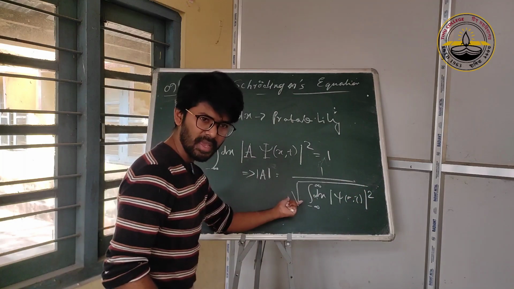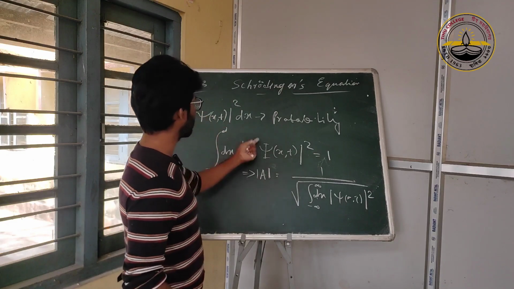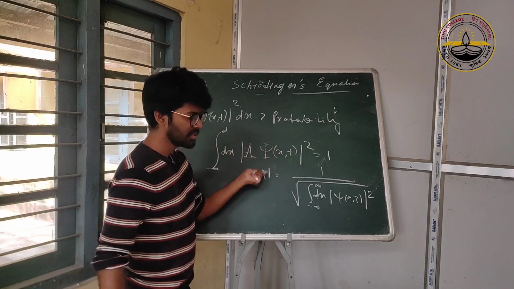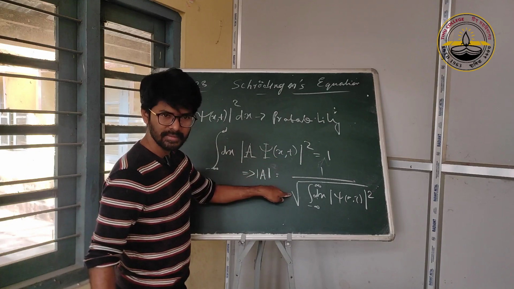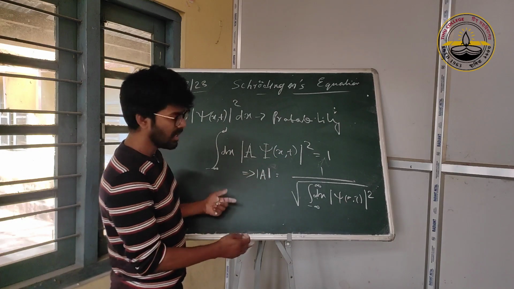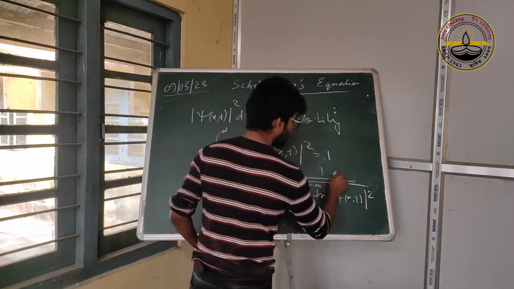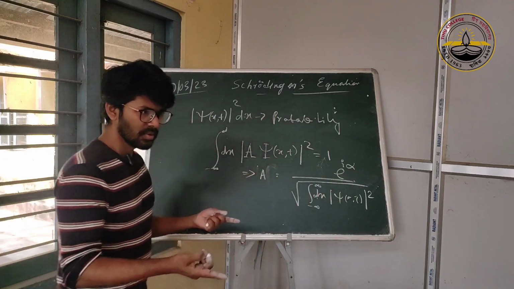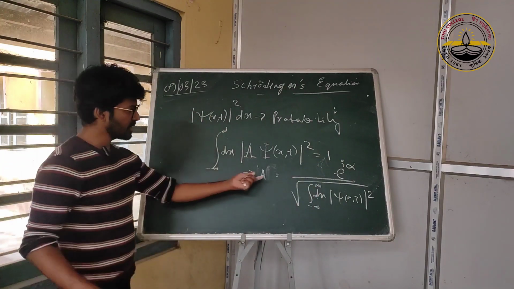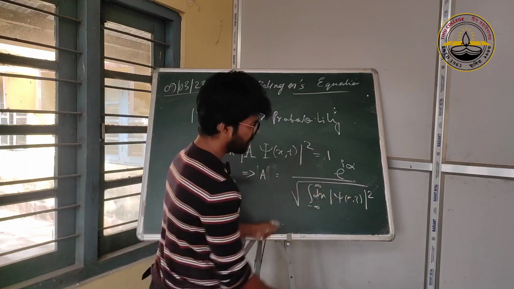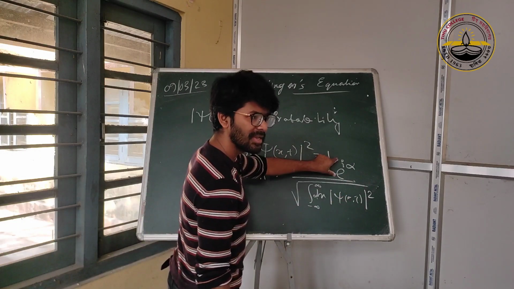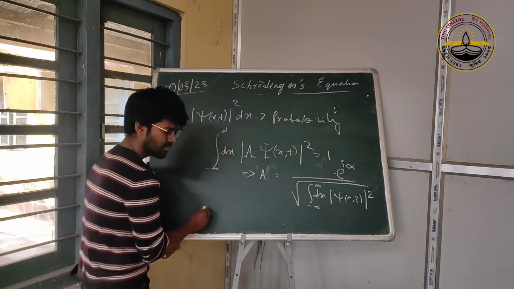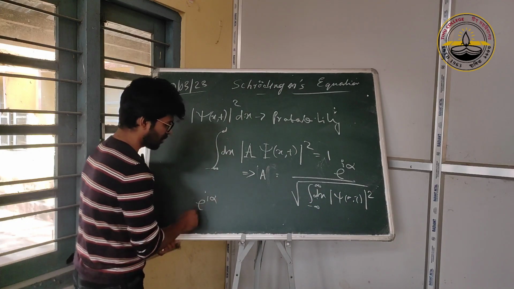And we'll find the A, and we'll put the A there. Usually it will be mod A squared, right? So you take the square root, it will be mod A, but not A, right? A will be some e to the power i alpha, right? It's some constant alpha. If you take the mod, this will go away. e to the power i alpha mod of this is what? Just 1. Right? Because e to the power i alpha mod is what?